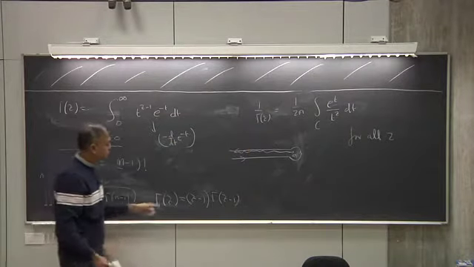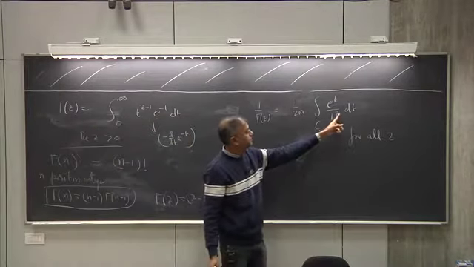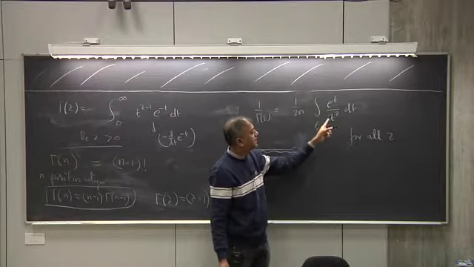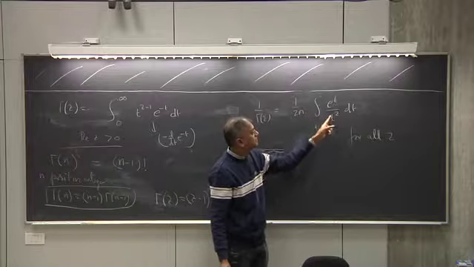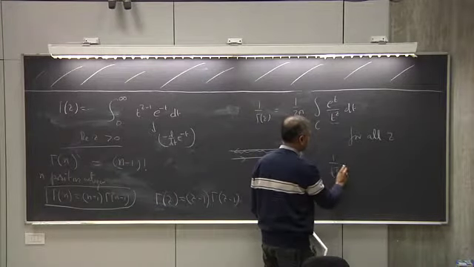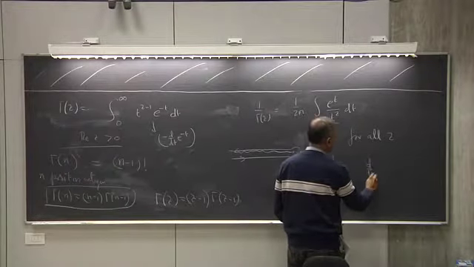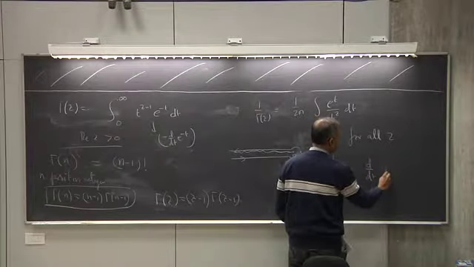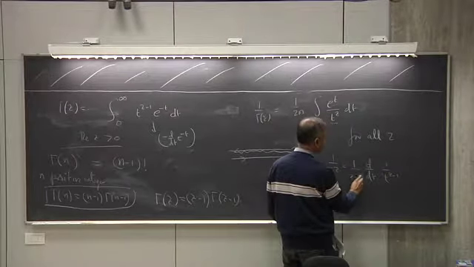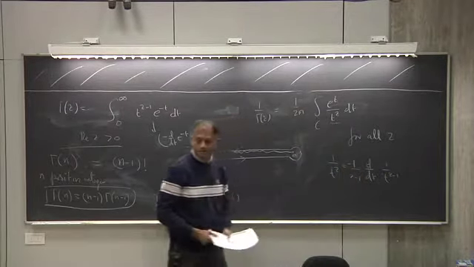I mean, here you want to reduce the power by 1 unit, right? So write this quantity 1 over t to the z as d by dt of 1 over t to the z minus 1 divided by z minus 1 with a minus sign, right?